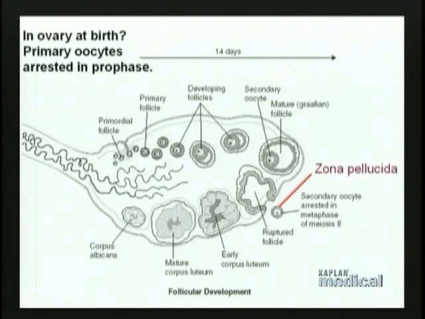So obviously the answer to the question of what's in the ovary at birth is all primary oocytes arrested in the prophase stage of meiosis I.